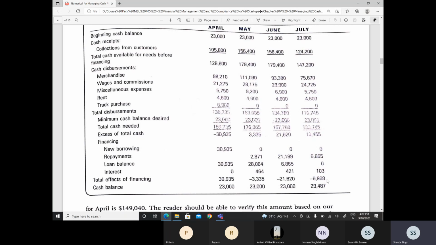This means that we have a surplus of 13,445 minus this 6,968, which gets added to our cash balance to give us a more than desired cash amount of 29,487. So it is very simple. This is how you create a cash budget. Okay, basic arithmetic. Okay, fine.